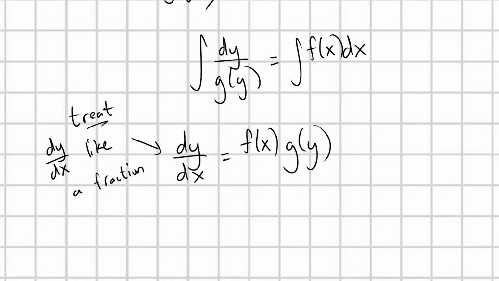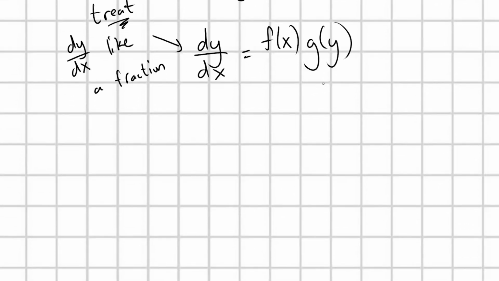I want to emphasize that we're just treating dy/dx like a fraction in the context of separable differential equations. If we do, then we can multiply both sides of our equation by dx.